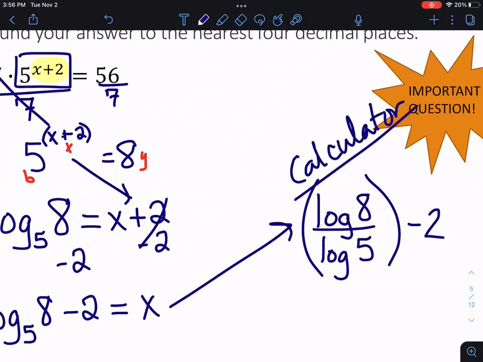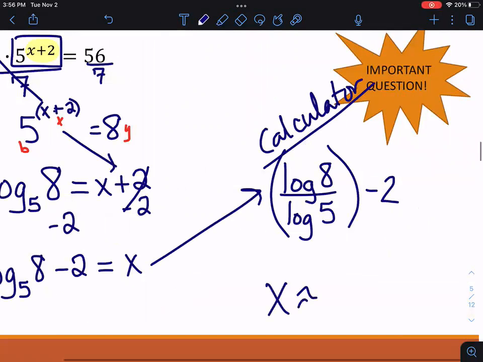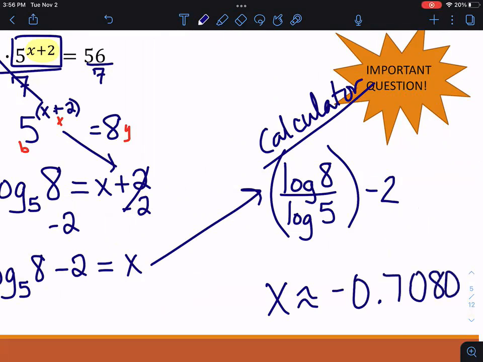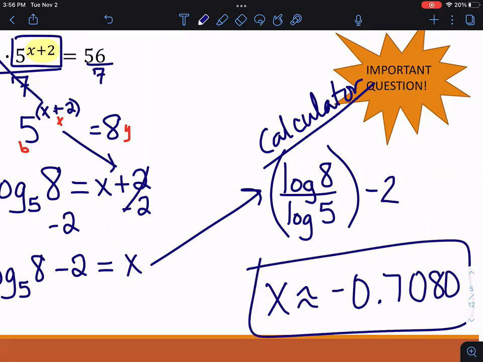So this is how you're going to type it into your calculator. Again, we're using that change of base formula. You should get an x value, which is approximately negative 0.7080. Our instructions tell us to round to the nearest 4 decimal places. Also note, this is an important question because there is one similar to it on your final exam.